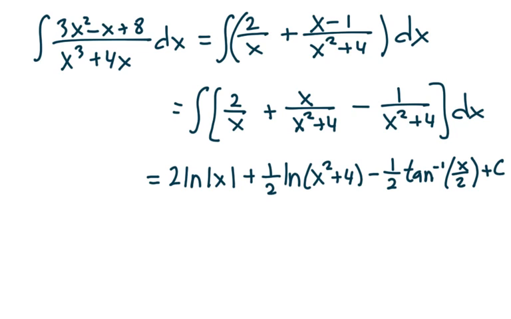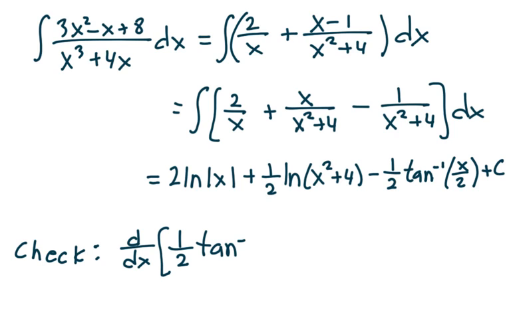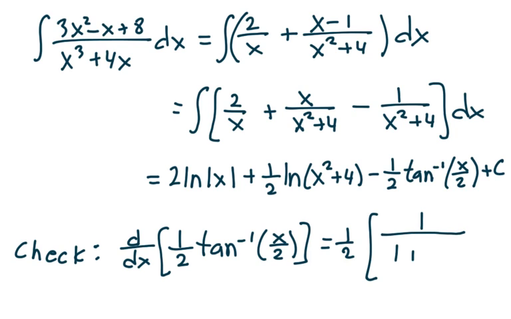And that's how that works. And you could check that third term real quick if you want. If I take the derivative of 1/2 arctan of x over 2, I get 1/2 times the quantity 1 over 1 plus x squared over 4 times a half, like so.